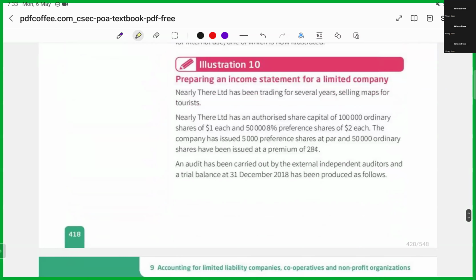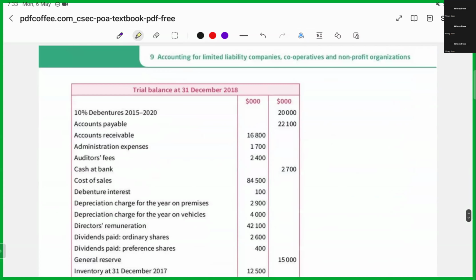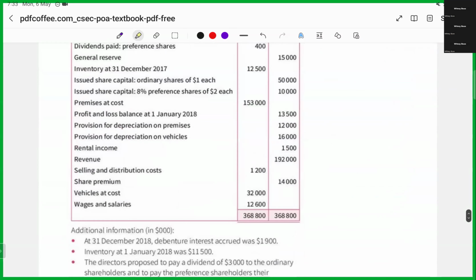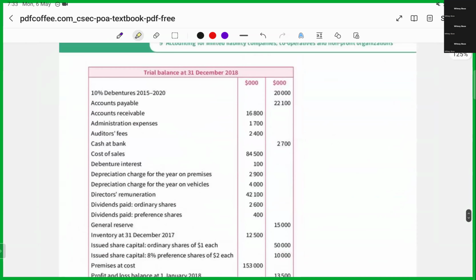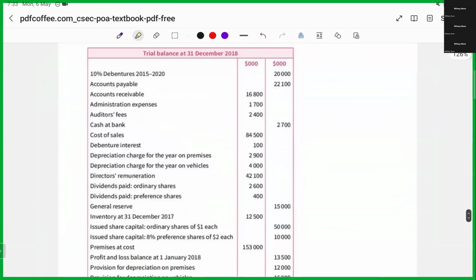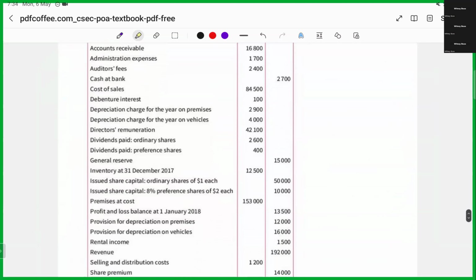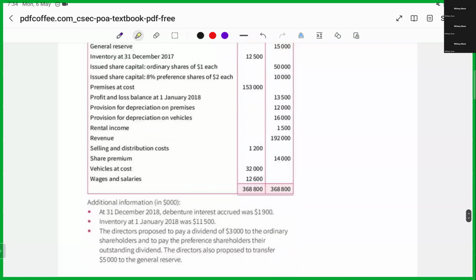Now, in preparing the income statement, here's a trial balance. You may want to pause the video to capture the entire trial balance so you can refer back in the working. It gave us all the information, and as we scroll to the rest, it gave us additional notes. At December 31st, the debenture interest accrued was 1,900.